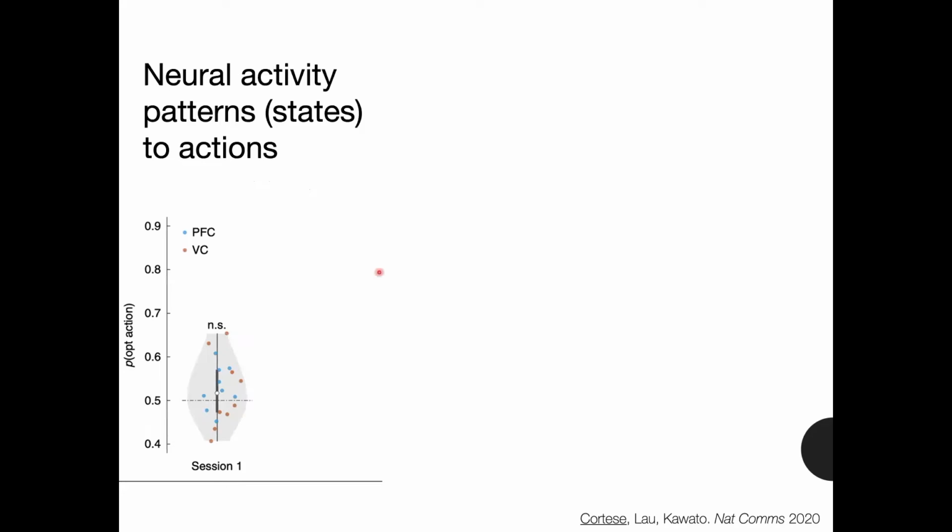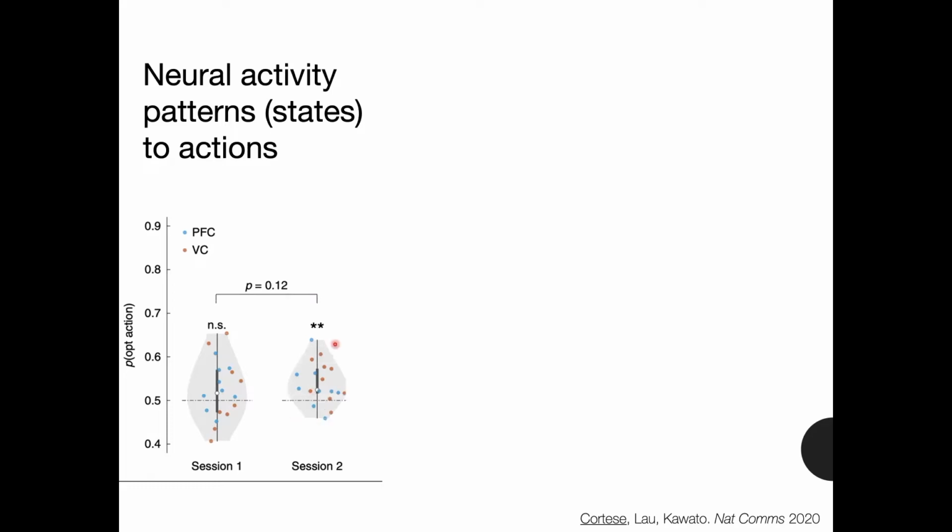So what we see is that when we look at the probability of choosing the optimal action, on the first session, some participants might be already pretty high, but overall at the group level, participants don't seem to be able to make this choice above chance. So they don't select those two options better than chance, given the underlying non-conscious neural representation.